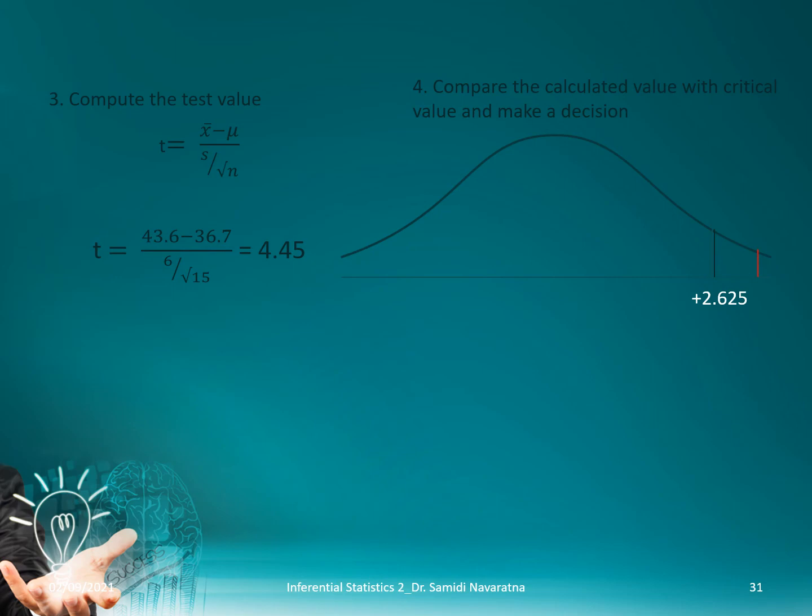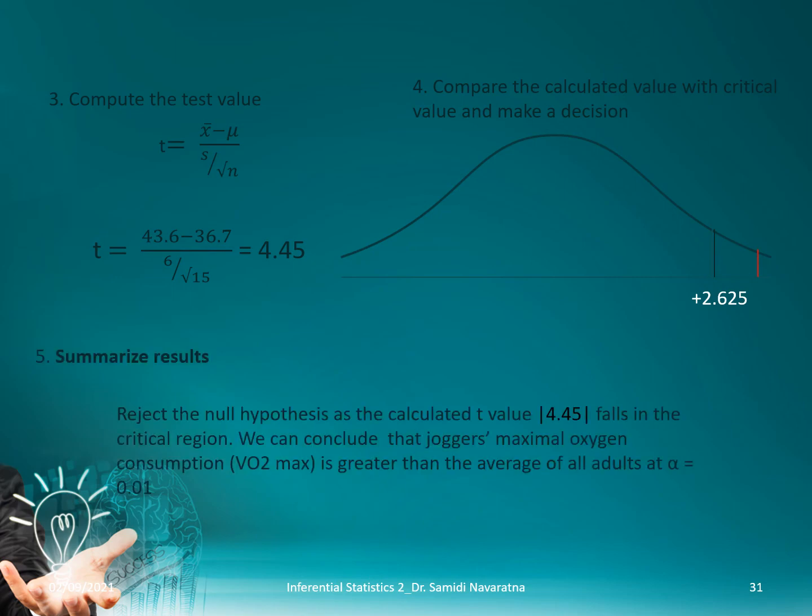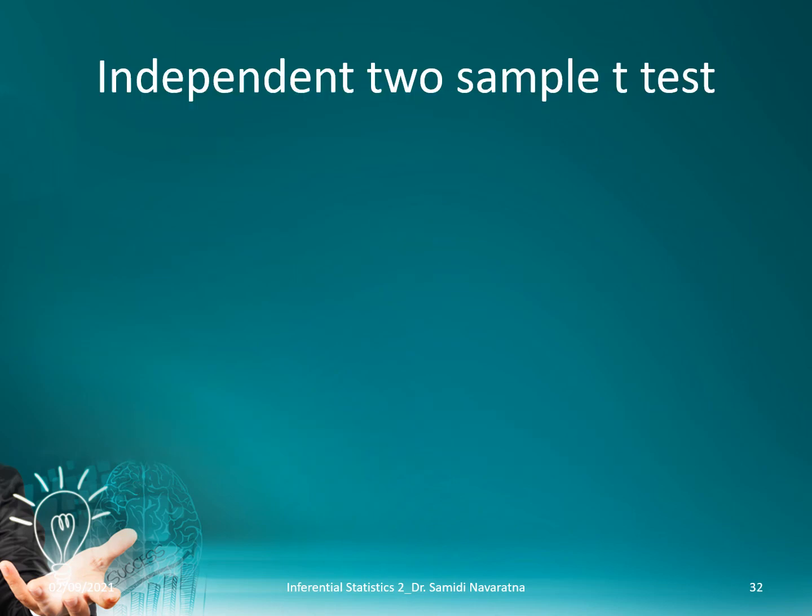Therefore, we can summarize the results as reject the null hypothesis as the calculated t-value falls in the critical region. Therefore, we can conclude that joggers' maximal oxygen consumption is greater than the average of all adults at alpha equals 0.01.